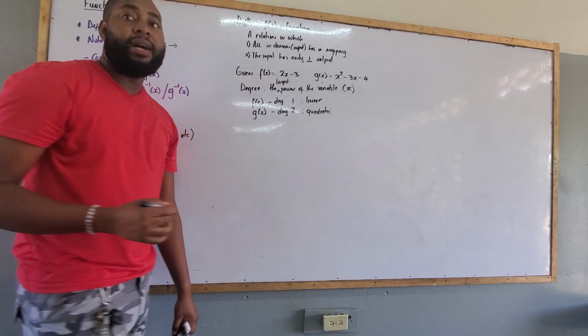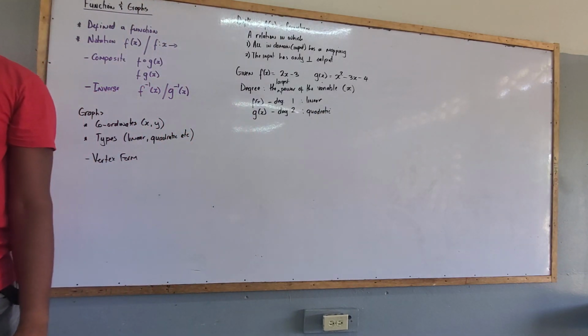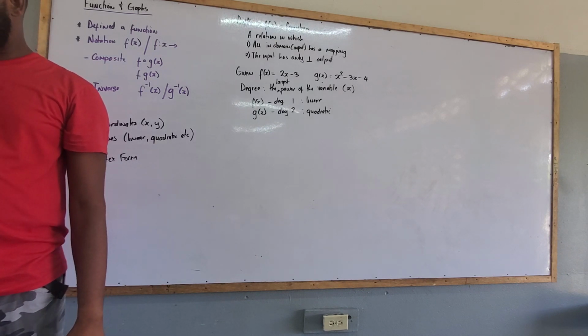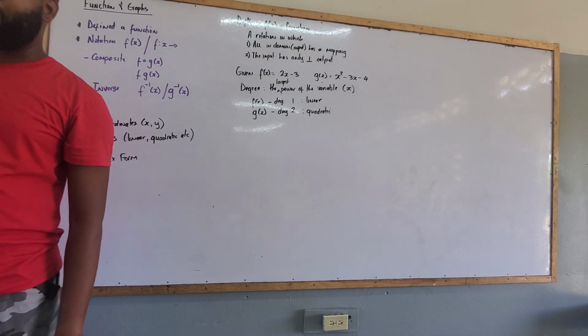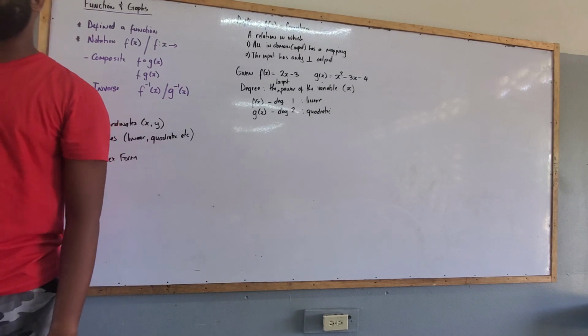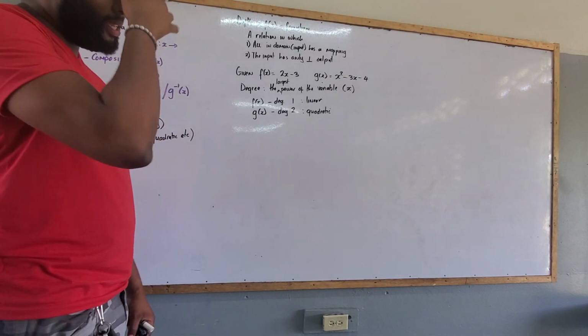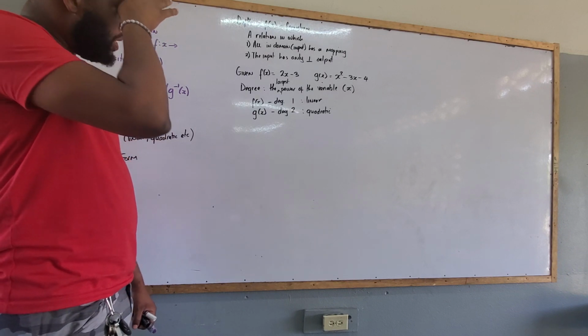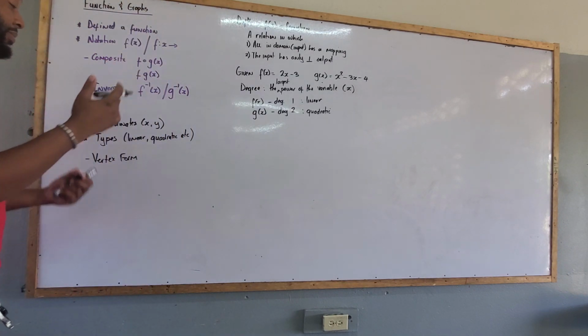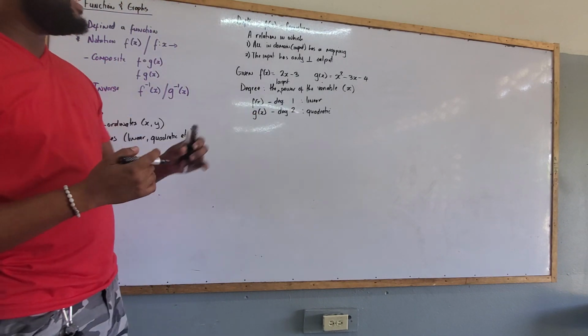Degree 3 we call cubic. Degree 4, power 4, we can call a quartic function, or quintic, and so on. You can have all these different terms, and we base them on degree.